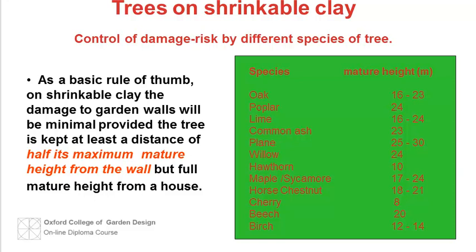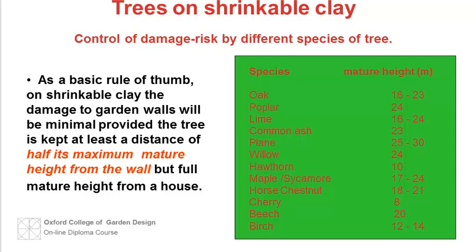As a rule of thumb, on shrinkable clay, the damage to a garden wall will be minimal provided the tree is kept at least half its maximum mature height from the wall, but full mature height from a house.